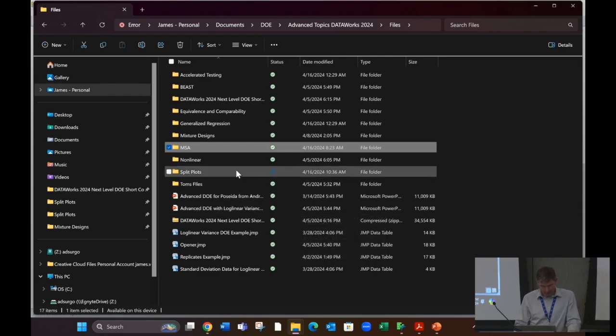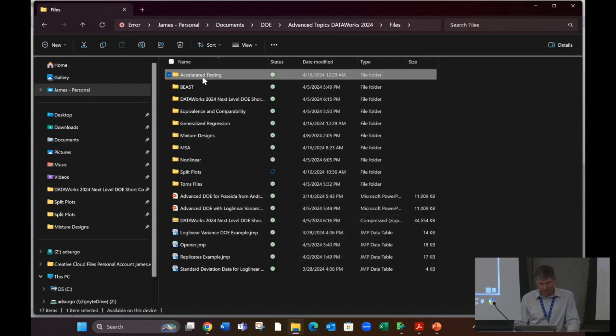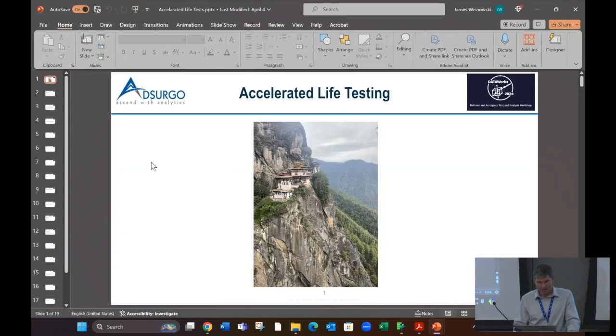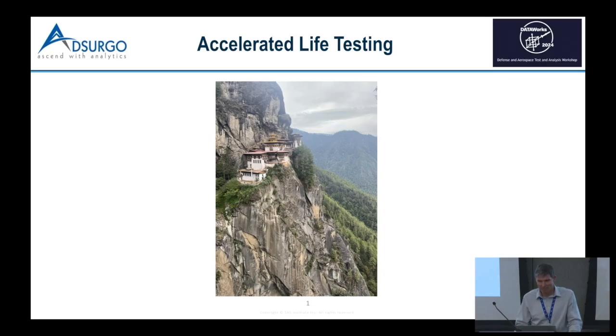So let's see, what I want is accelerated testing. You're accelerating life if you're living here. That's a Buddhist temple in Bhutan. Bhutan is a country by Nepal and Bangladesh, and it does not have a measure of GNP. It's GNH, gross national happiness.